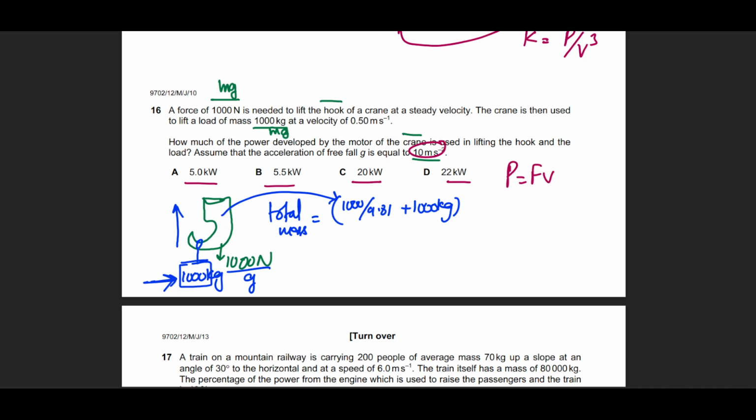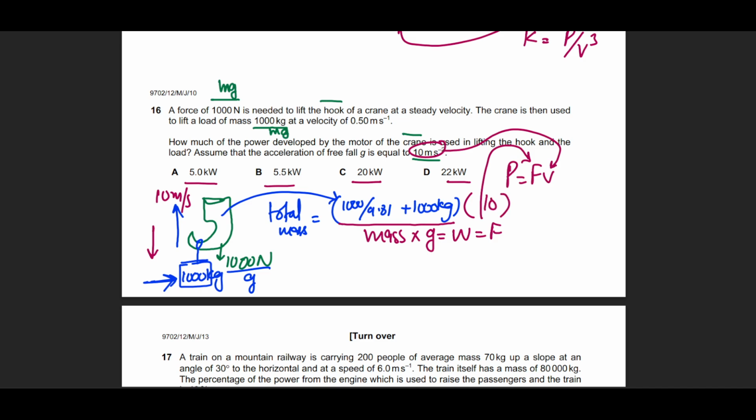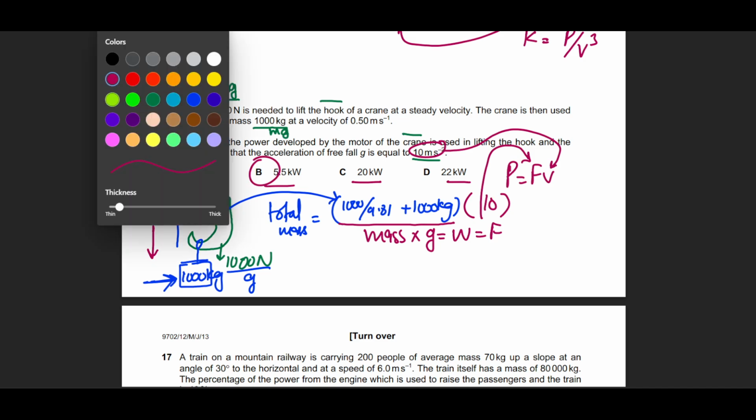The idea is, if it is moving with constant speed upwards, then the upward forces and the downward forces are equal to each other, which means that this mass that I've calculated has to be multiplied by g, so that this becomes weight, this becomes force, which will be placed here, and velocity is given to you, it will be placed here. So if you simply multiply this with 10 meters per second, you will straight away get your answer. Please don't make a mistake on the calculator. You get 5500, which is 5.5 kilowatts of power.